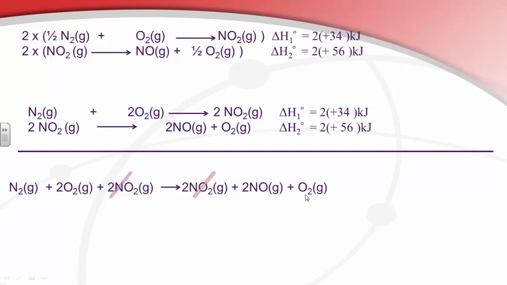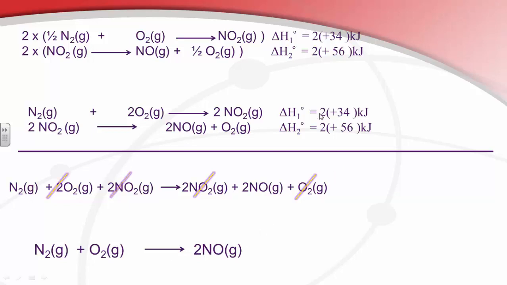And then we need to recognize that oxygen is on both sides of the equation as well. Well, in this case, we have 1 mole of oxygen that can be taken care of here, and this gets rid of the 2 in front of oxygen on the left-hand side. And when we're finished, there we go. We've got nitrogen plus oxygen to get 2 moles of nitrogen monoxide.